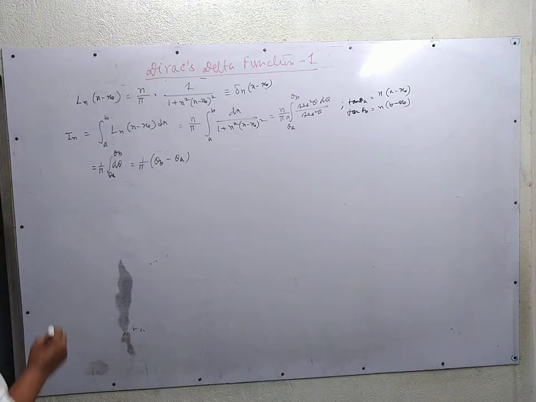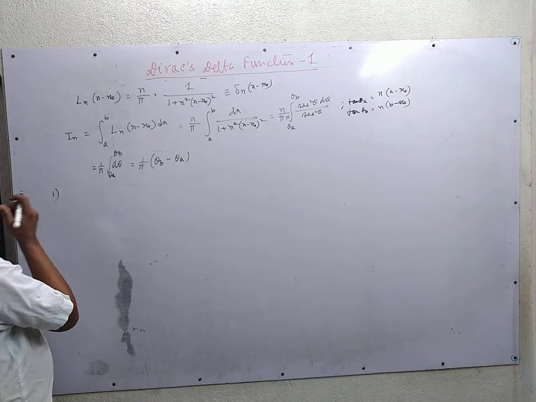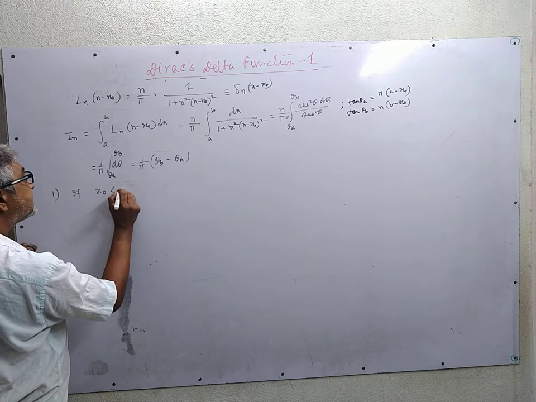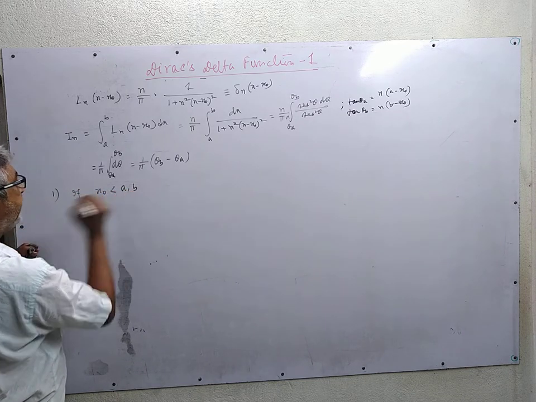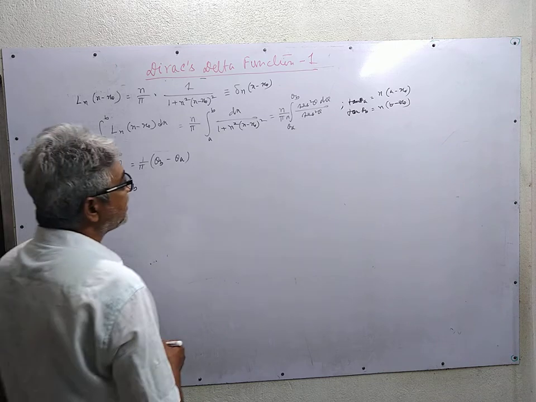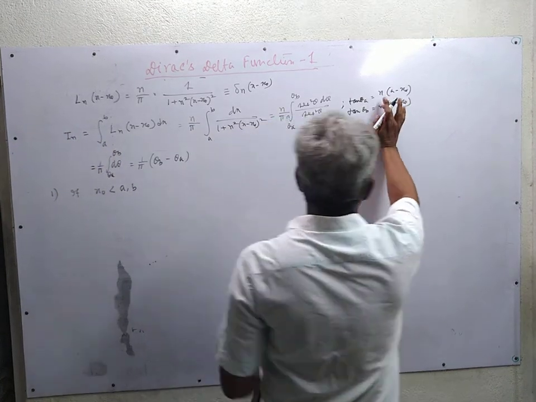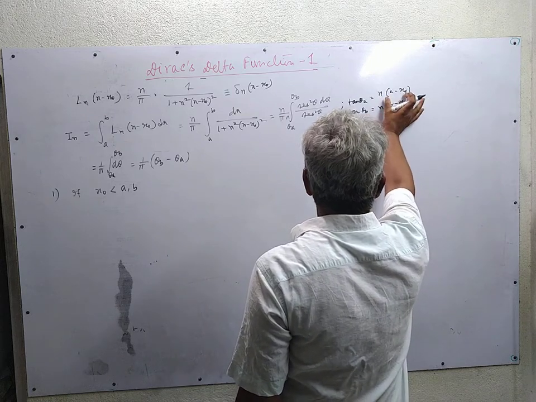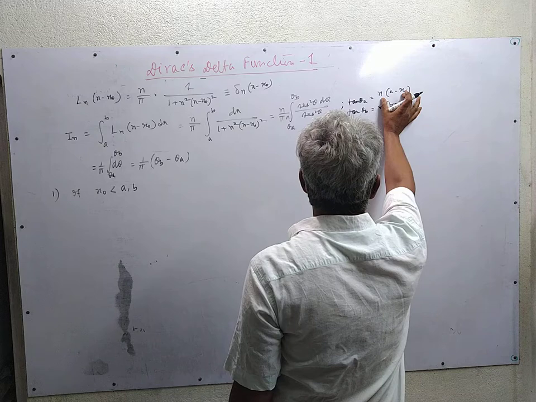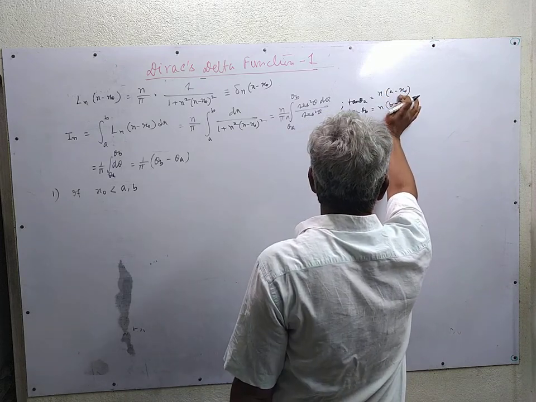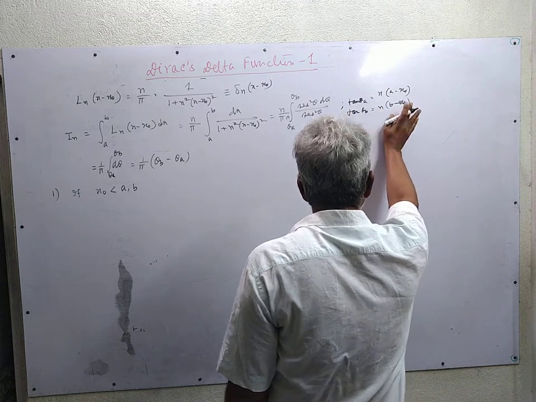Now consider a few cases. Case 1: if x0 is less than both a and b, then theta a is positive, and theta b is also positive.